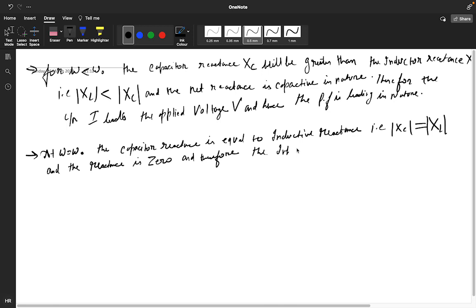And here you get the minimum impedance value, that is Z minimum is equal to R. So write it down.